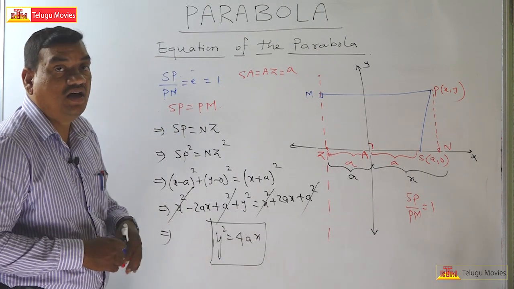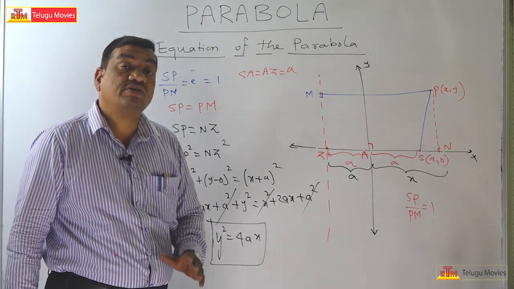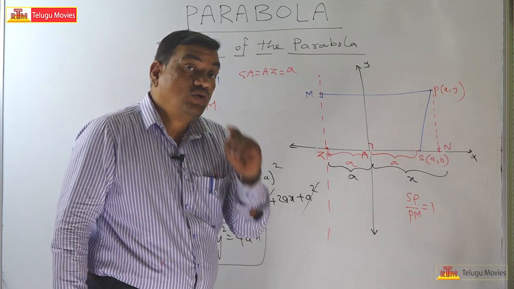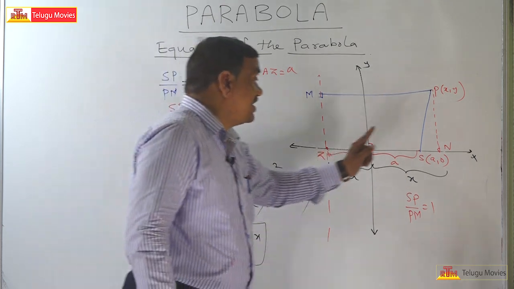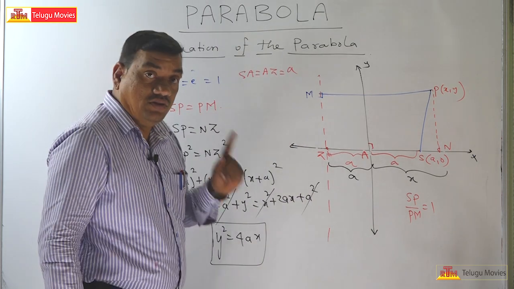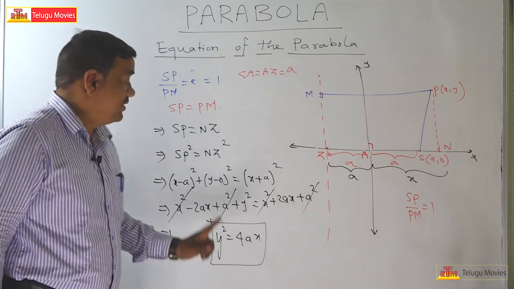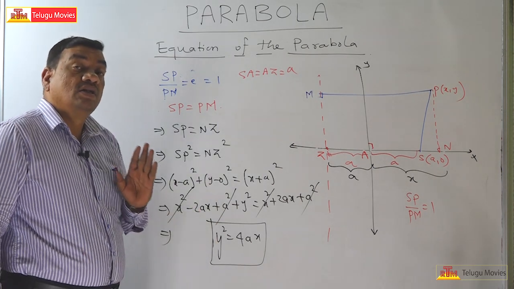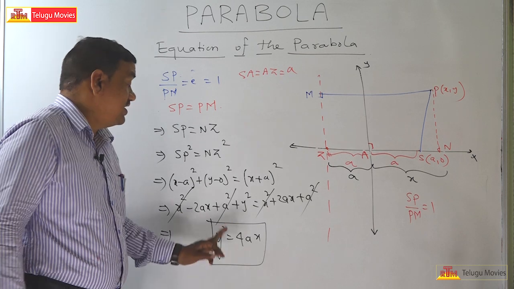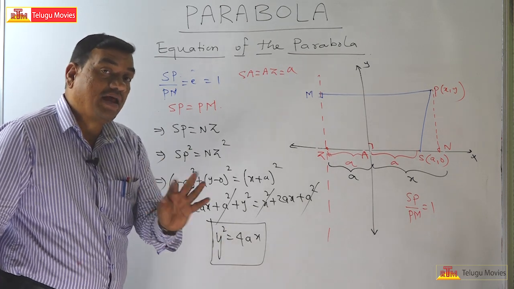So this is the equation of the curve which satisfies the condition SP by PM is equal to 1. The name of that curve is parabola. That means the curve whose equation is y squared is equal to 4ax is called a parabola.